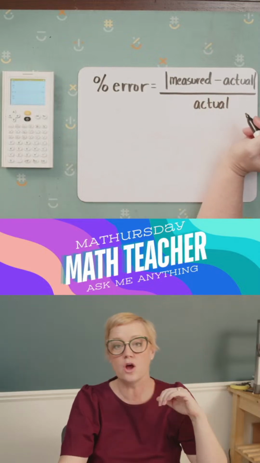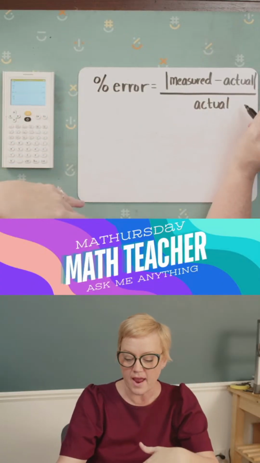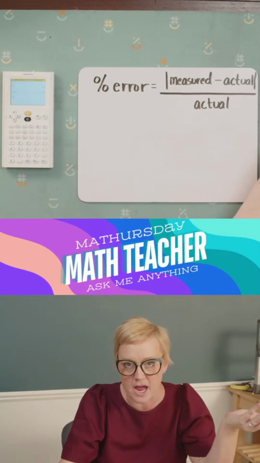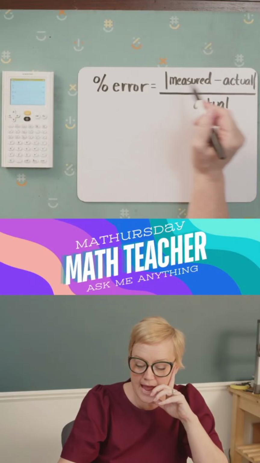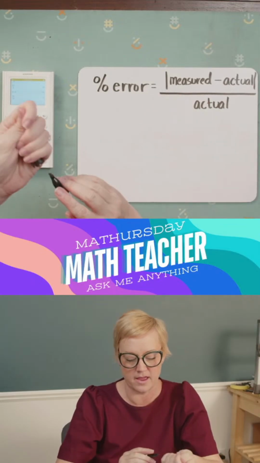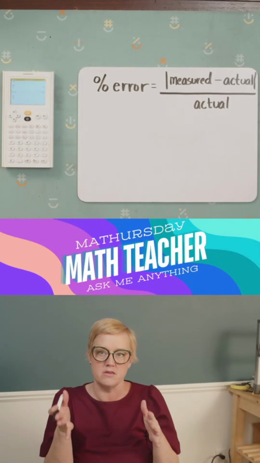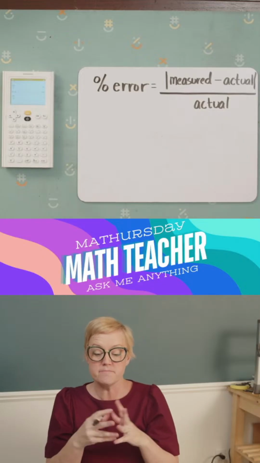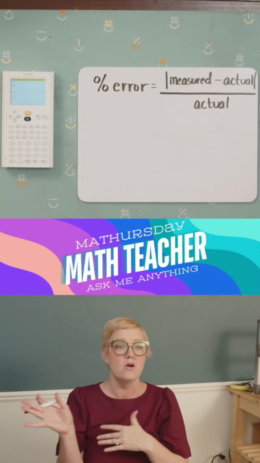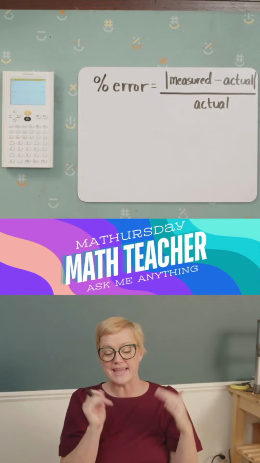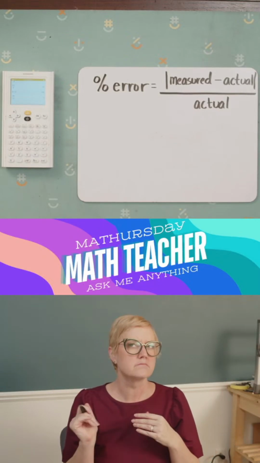This could also be measured minus expected divided by expected. Then you multiply by 100 to get the actual percent. You could use the absolute value if you just care about the exact distance from the actual or expected value. Or you could take away the absolute value to get a positive or negative percent error, which tells you which direction your error was falling.